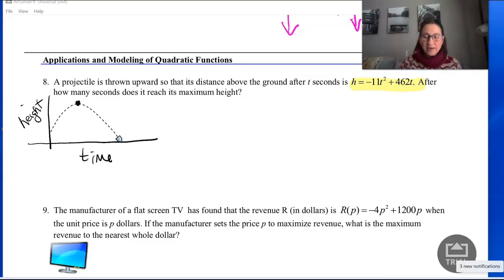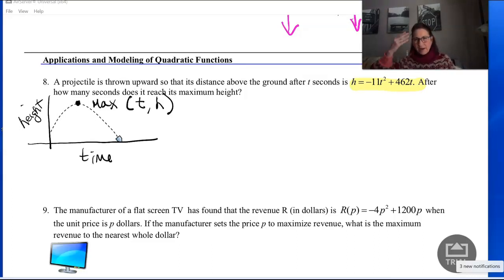And so right here, that maximum is my vertex, which has coordinates t, h. T is like my x, h is like my y. So the question is saying, find time. What is t when you're at your maximum height?